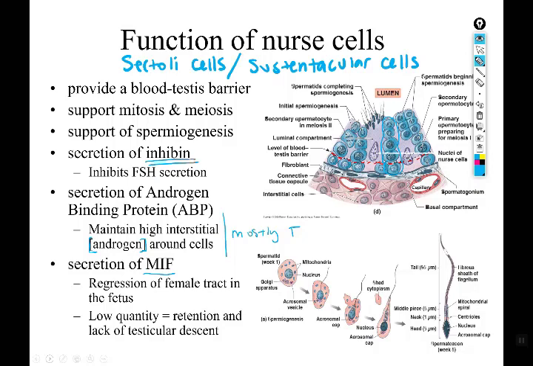And that can result in a condition at birth called cryptorchidism, which just means hidden testes or hidden testicles. So in some cases that can be corrected by surgery, but it's a spectrum disorder, so in other cases it results in infertility. It just depends on the severity.